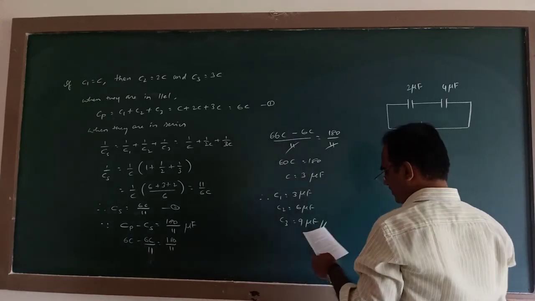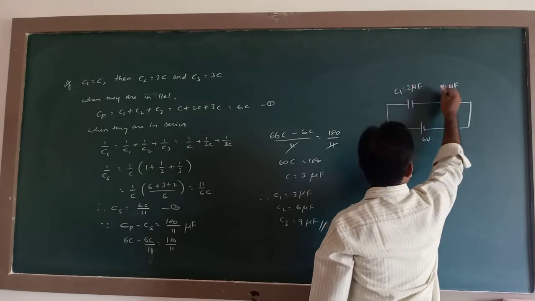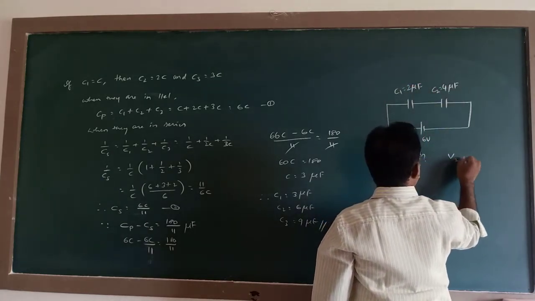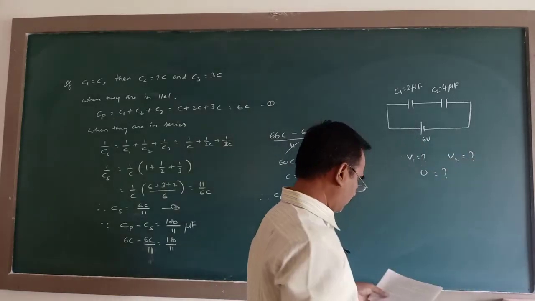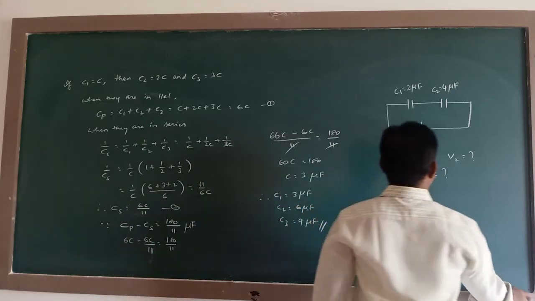What is the potential difference across each capacitor? So this is C1, this is C2. You are asked to find V1 and V2 and also the energy stored in the combination. So this is the problem.